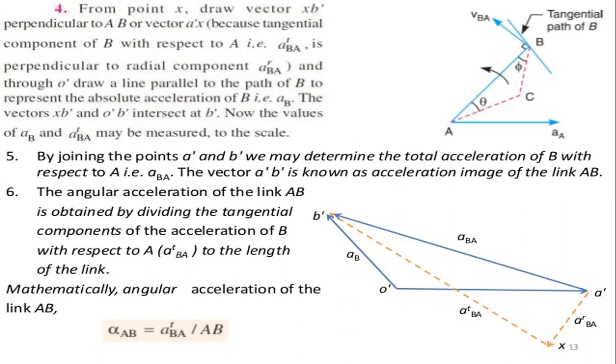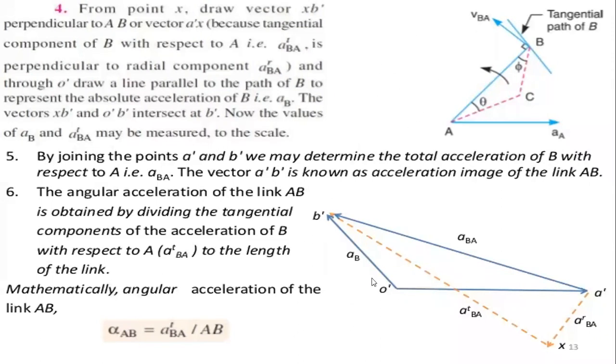So here I am drawing this O dash B dash line, which is parallel to the acceleration of B. This is the acceleration of B line. This line is parallel to O dash B dash.